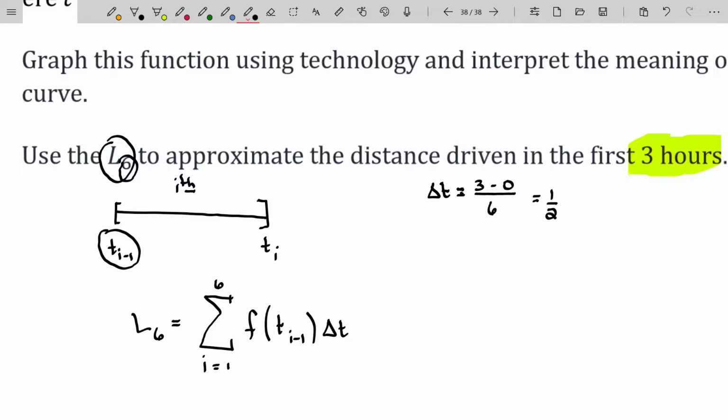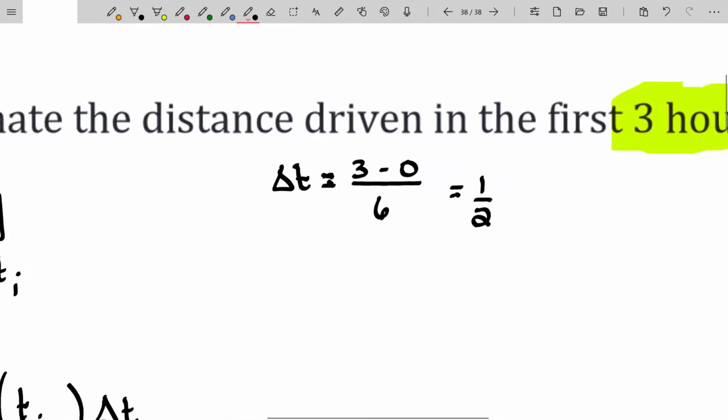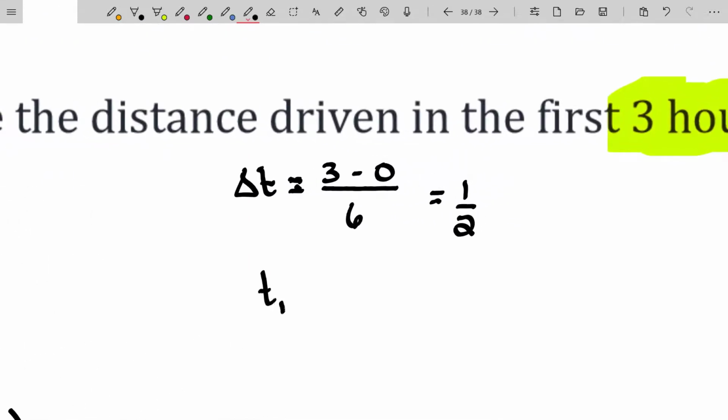That's our delta t. And then we need a formula for t sub i so that we can plug in t sub i minus 1. Now, technically, I would tell you that t sub i is equal to a plus i times delta t, because that is technically the formula. However, we're dealing with t sub i minus 1. So let's change that t sub i to a t sub i minus 1. And then instead of an i here, it'd be an i minus 1.